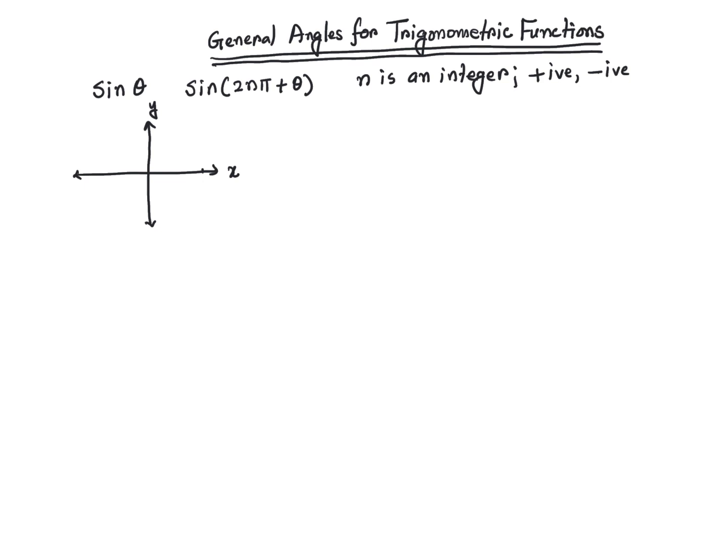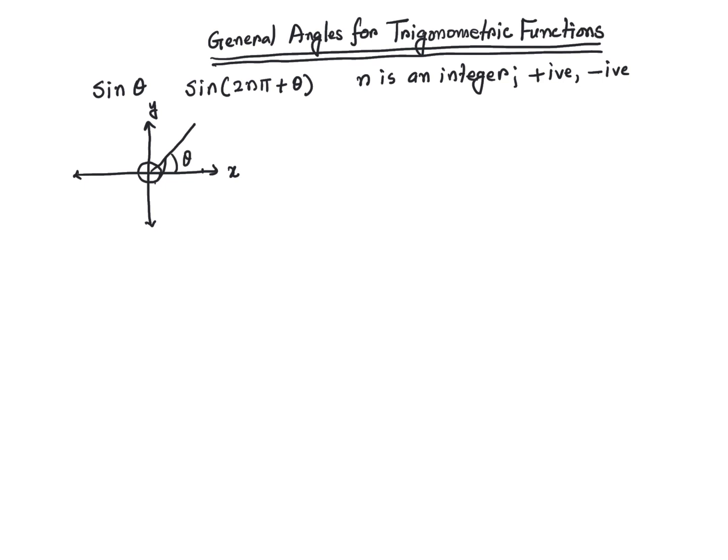So 1 pi is going to take you here, and 2 pi is going to take you here. So it's a complete 360 degrees, or 2 pi. So you're back here. Now theta is going to be right there. So that's your theta, and you're in the first quadrant.